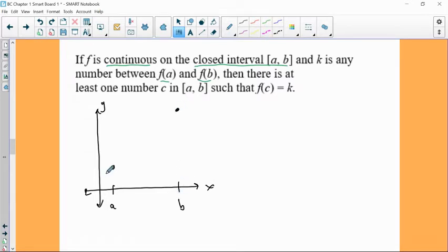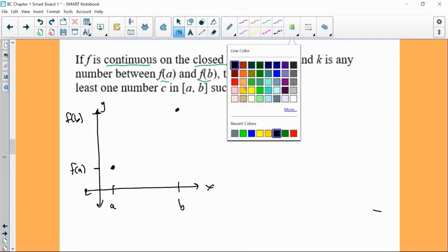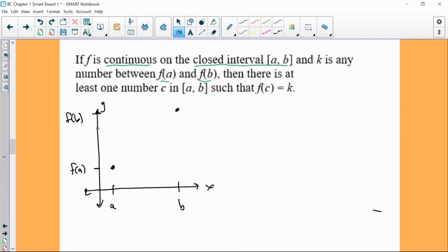So if you come over, here's f of a as a y value, and here would be f of b, come across here, as a y value as well. So what it's saying is that k is somewhere between these. So maybe your k value is here. Okay, there's k.